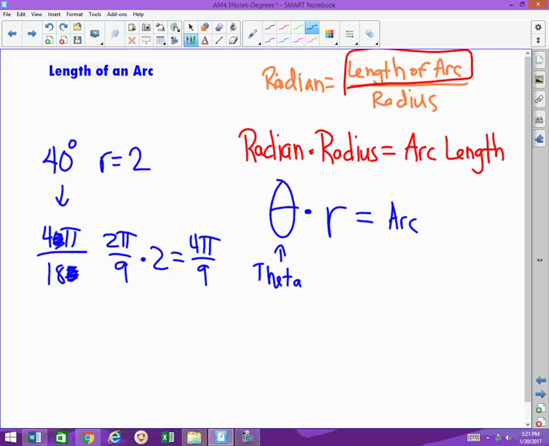That would be the length of the arc. And that's with the circle, where that is 2, and then that's 40 degrees. That's this answer right there. How long is that thing?